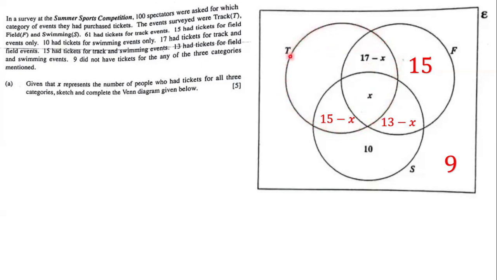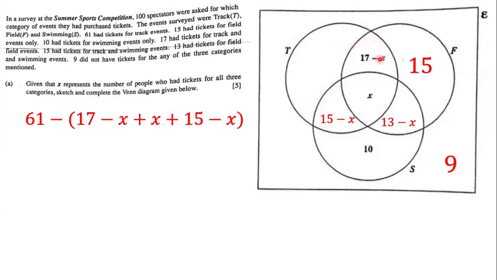If we know that this is 17 minus X, this is X, and this is 15 minus X, and you're trying to figure out what this is, then this part will just be 61 minus the quantity 17 minus X plus 15 minus X.